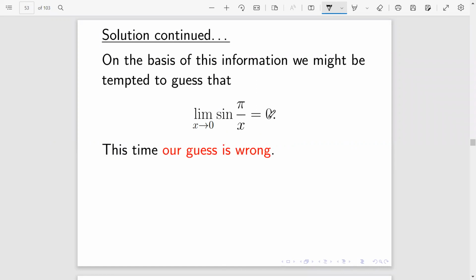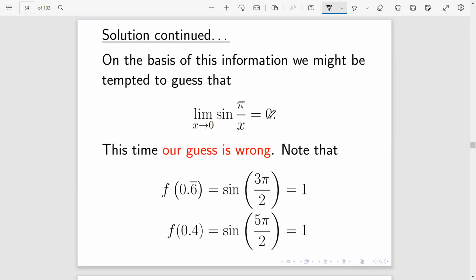That is not true, because if you take x to be 0.6 recurring, or 2 over 3, then substituting into that function, you get 1.